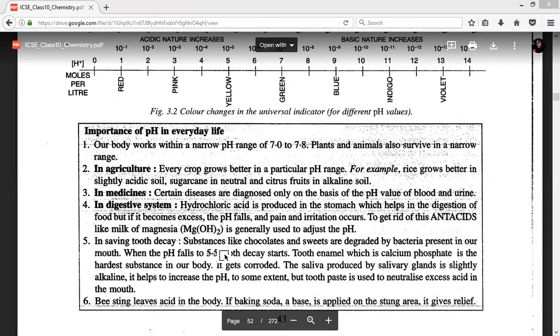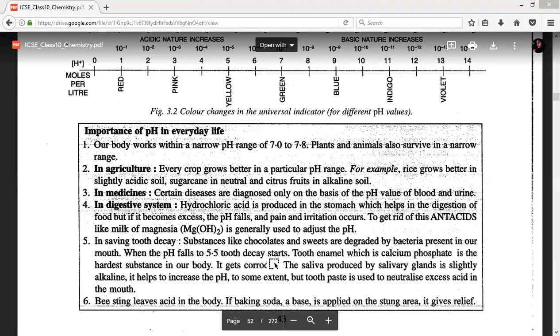If it increases, that's okay. But if it decreases below 5.5, then tooth decay starts. Tooth enamel is composed of calcium phosphate, which is the hardest substance in our body, and it gets corroded due to tooth decay.